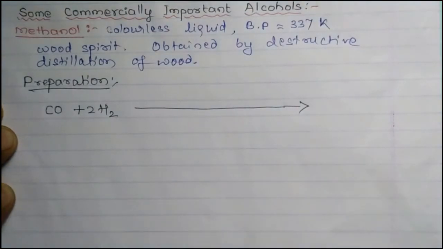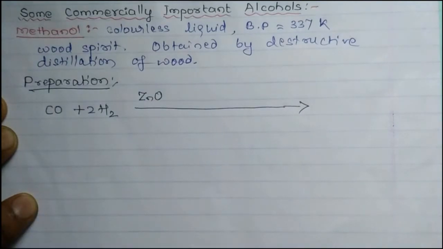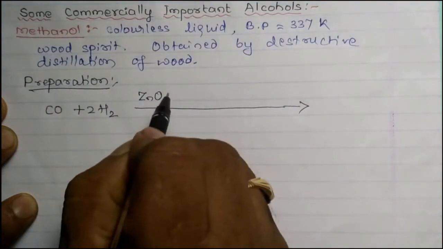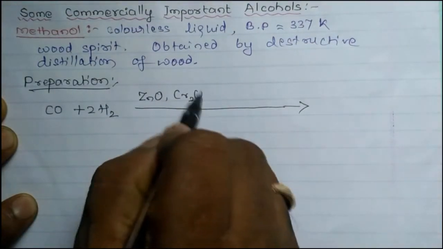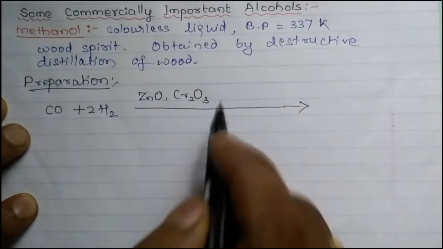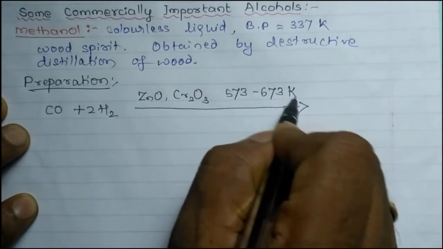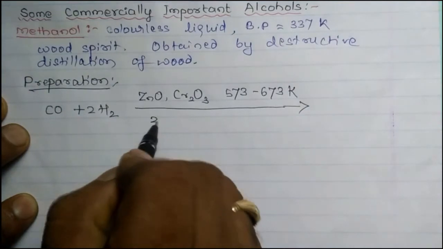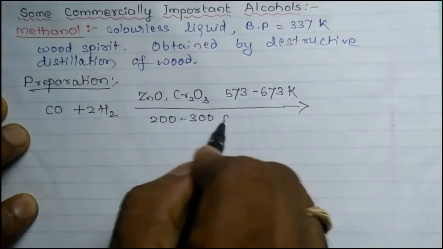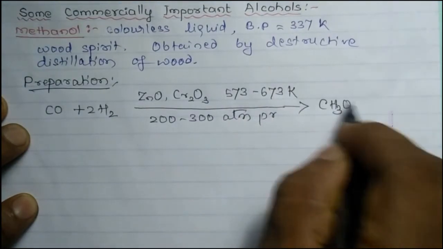When carbon monoxide is mixed with hydrogen and passed over heated zinc oxide catalyst, and chromium oxide, Cr2O3, as a promoter, at temperature 573 to 673 Kelvin, under pressure 200 to 300 atmospheric pressure, you are going to get methyl alcohol.